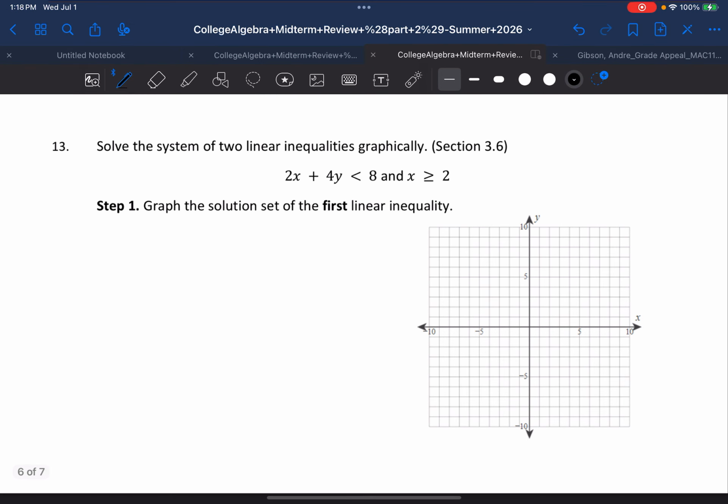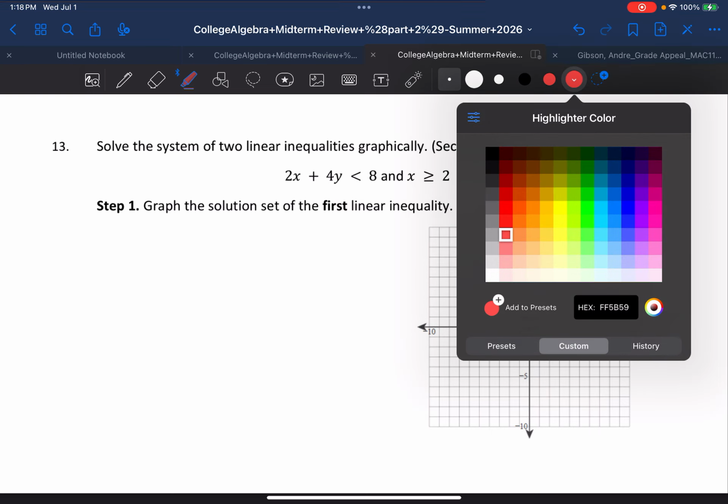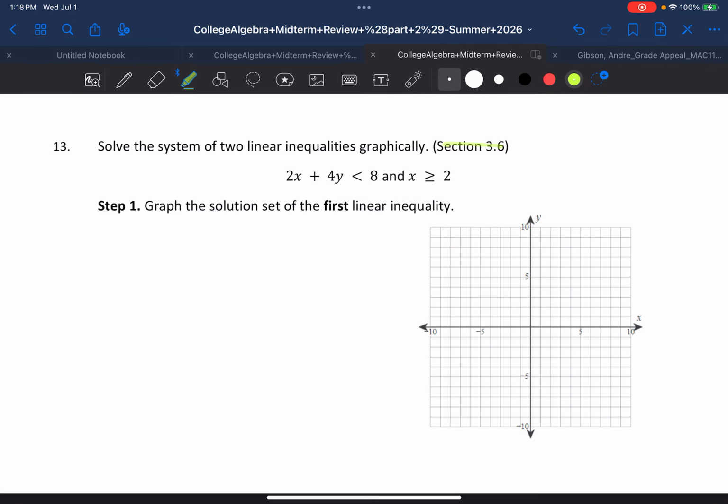Okay, and then the last question, number 13. This is from section 3.6, which is about solving linear inequalities, two linear inequalities.